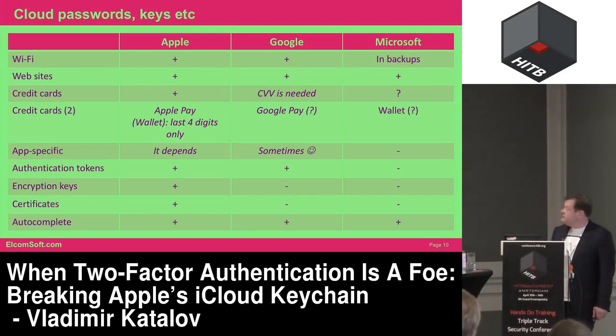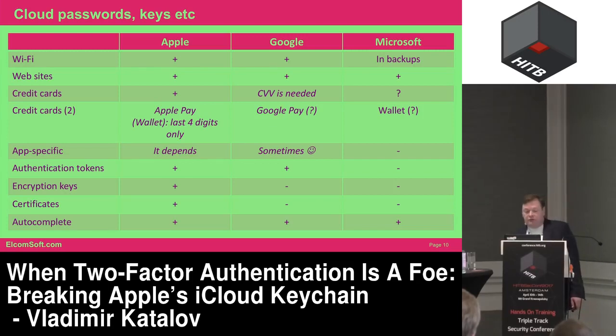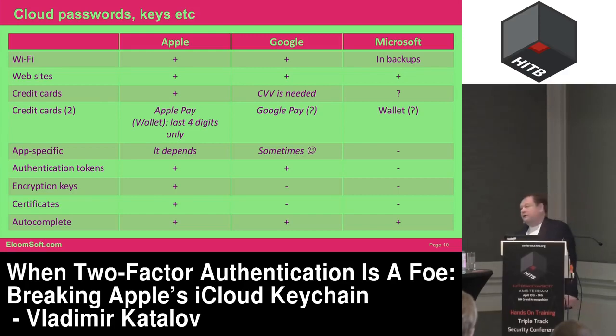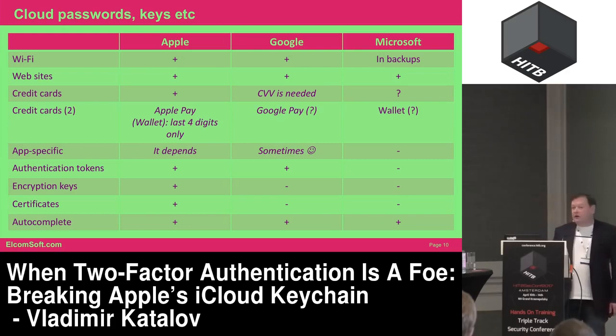So for application-specific passwords, there is no 100% warranty that the passwords are there. There could be also in the cloud storage the encryption keys, certificates, and authentication tokens. For example, if you analyze how Facebook and Twitter and other social networks are saving their credentials into the cloud storage, you will find that the passwords are not there and there is absolutely no way to get them.